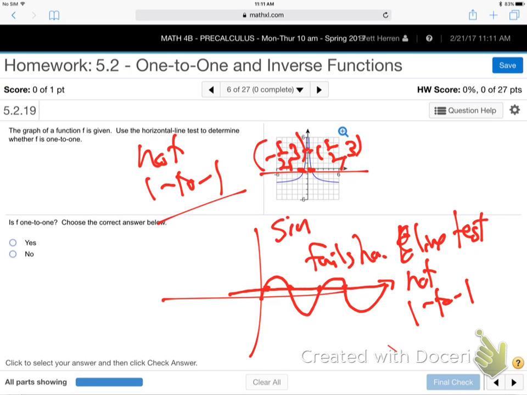I don't know if all these facts were bubbling around in your mind when I mentioned 1 to 1. If you're not 1 to 1, you don't have an inverse. Did anybody already think, well, what about sine? It's not 1 to 1. It fails the horizontal line test, yet I remember doing the inverse. Cosine, same thing. What's the story with that? I know this is one of the very subtle points.